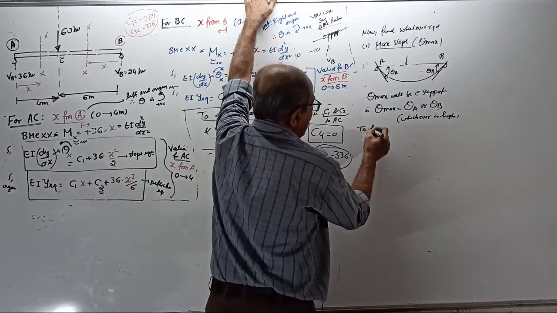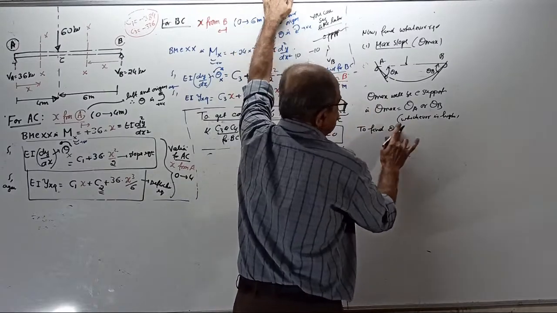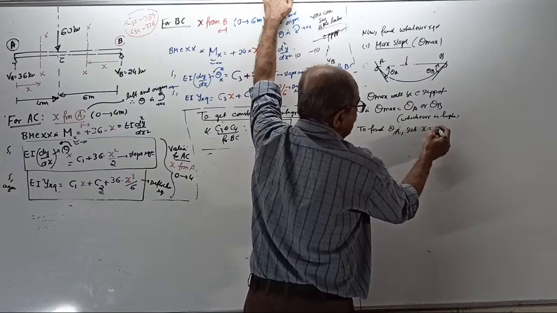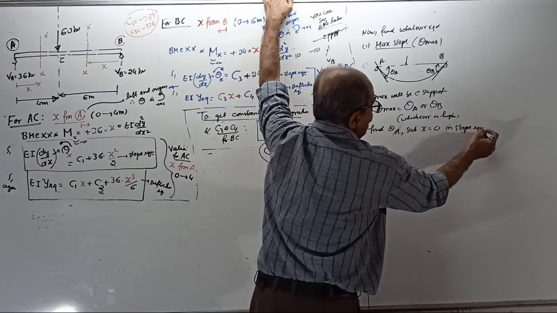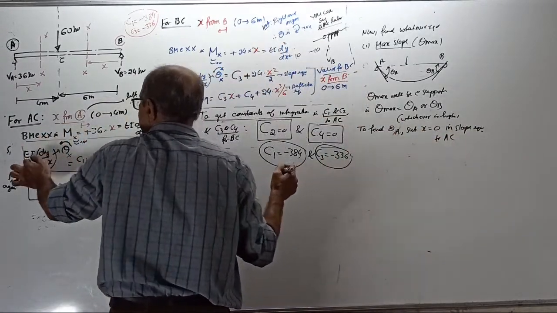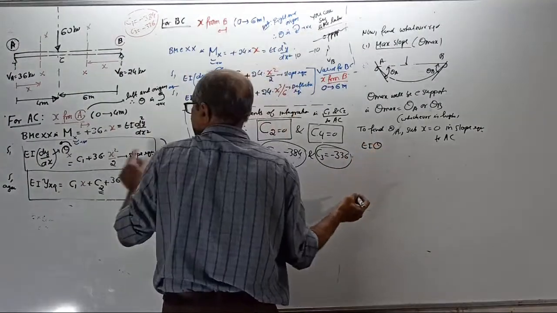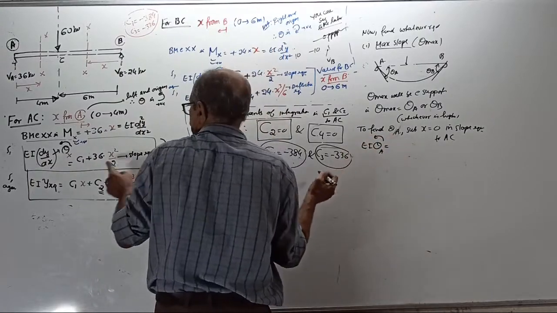To find theta A, now I won't use red color. To find theta A, substitute x equal to 0 in the slope equation for the AC portion. You get EIθA in anti-clockwise equals C1.